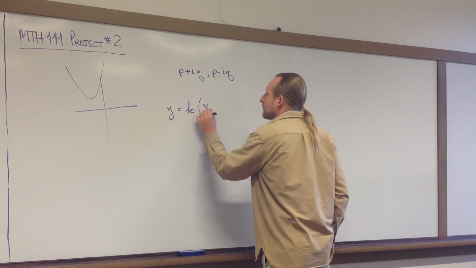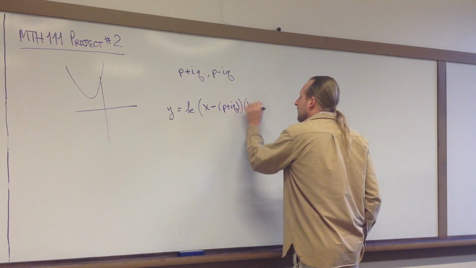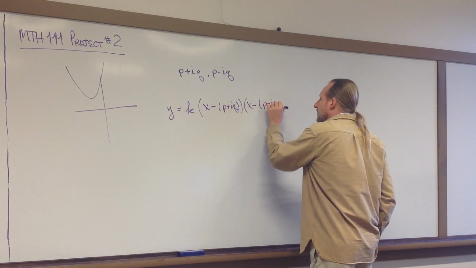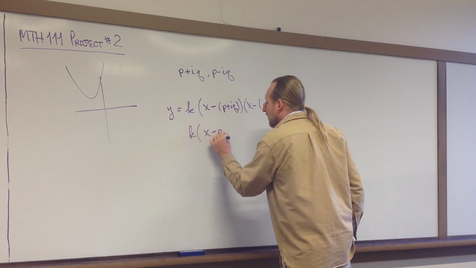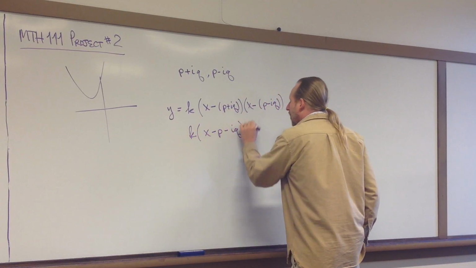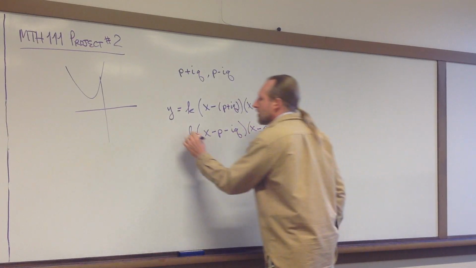And then with the roots, we'll do x minus (p plus iq), and then x minus (p minus iq). And then we can distribute those minus signs, minus p plus iq. Okay.